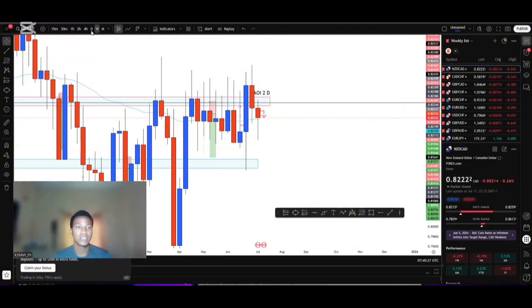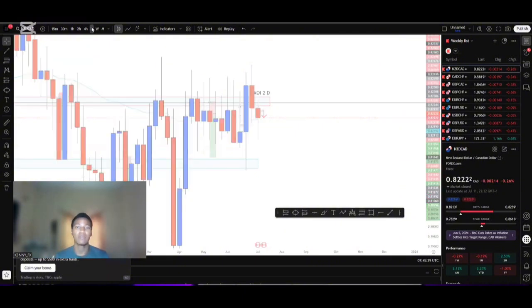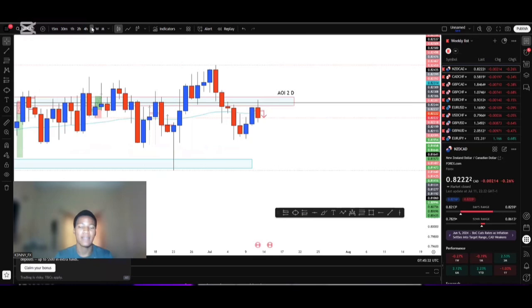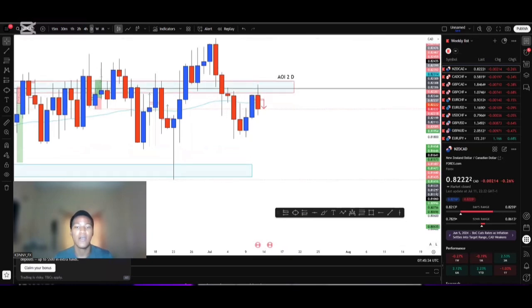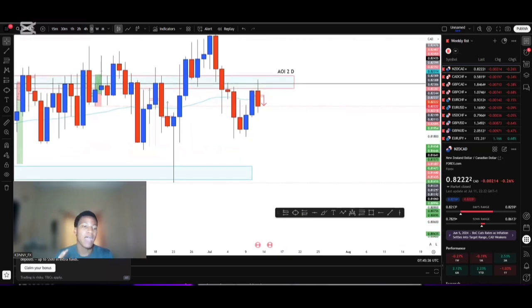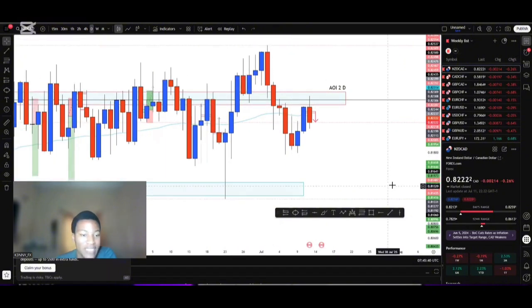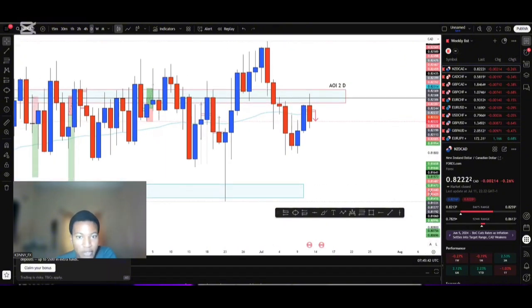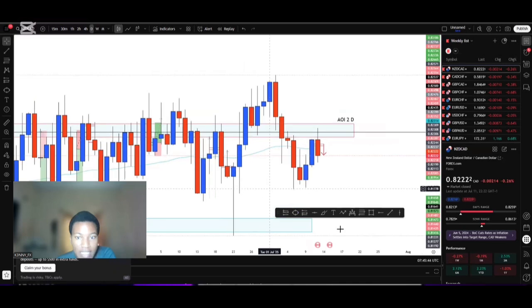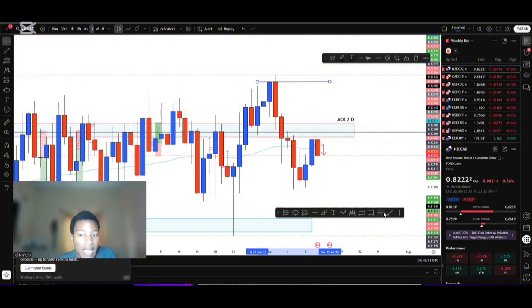I cannot just sell right off the bat. I have to gather evidence, gather my tools, my reasons, stock my arsenal so that I can be more confident in the sale. So if you come down to the daily, remember last week I said this was the higher high, and this was the higher low for me.